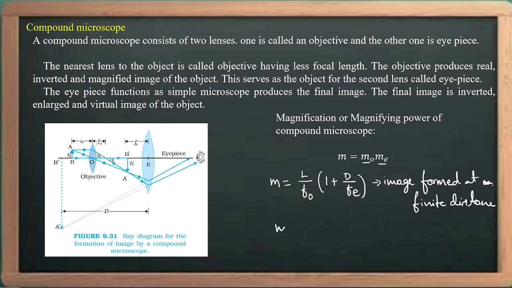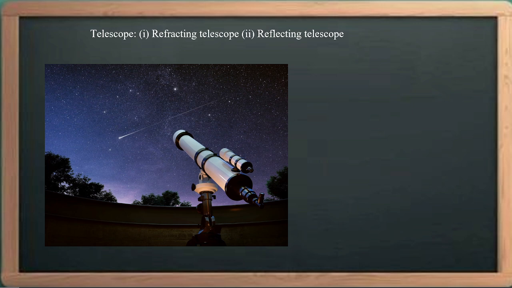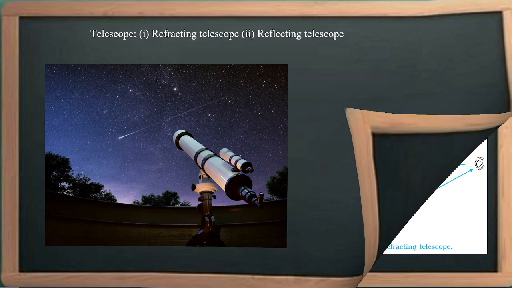If you consider the image formed at infinity, you get M is equal to L by F0 into D divided by Fe.